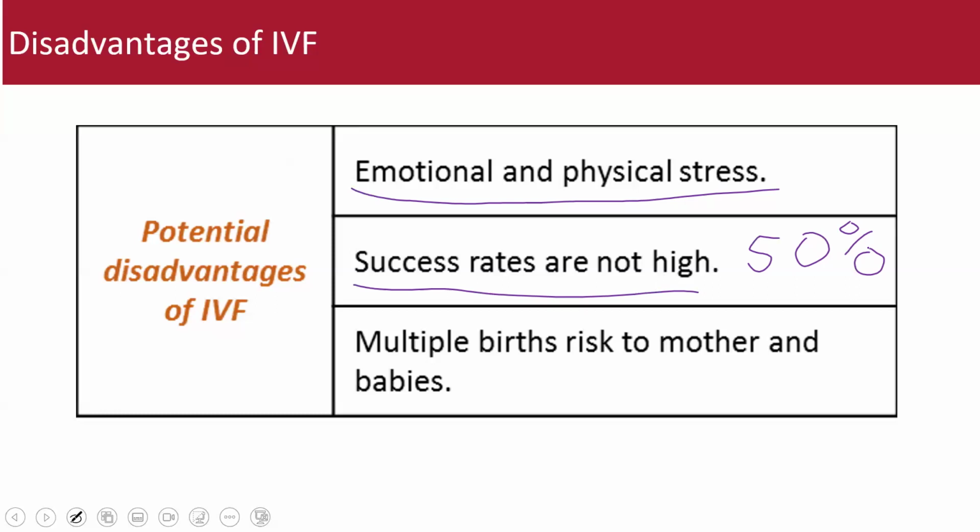Some hospitals will give one chance, some will give two chances. It's about £8,000 to £10,000 to have a go yourself. And there are multiple births and obviously risk to mother and baby, because the mother is going through a number of different scenarios.